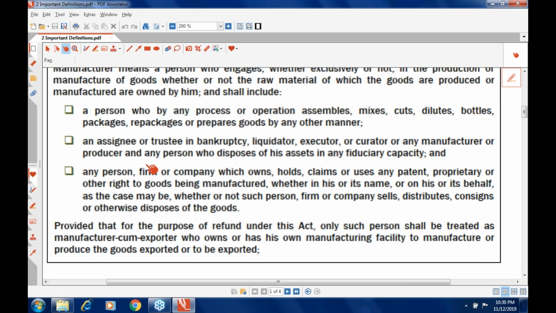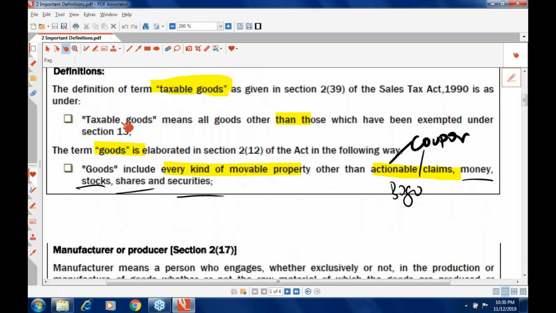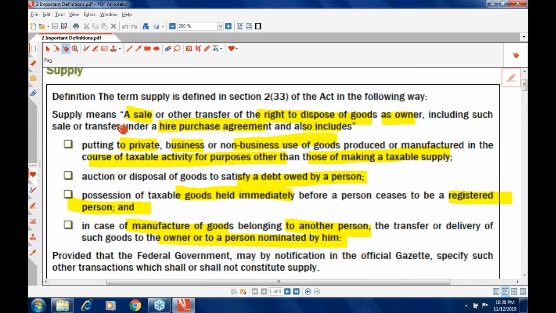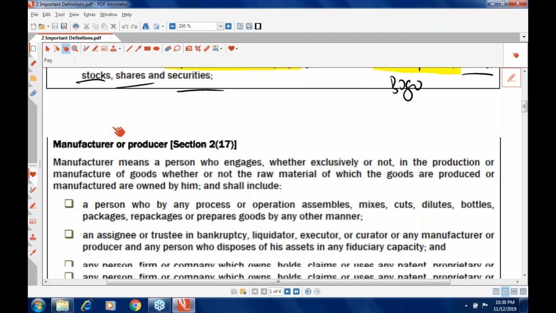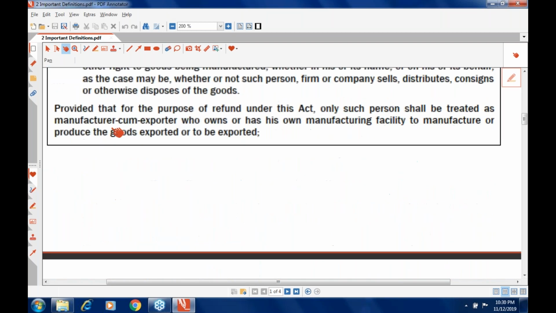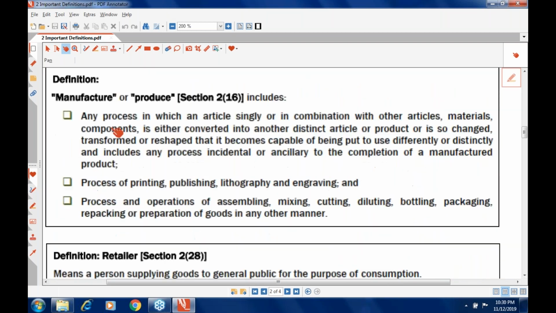Now let's talk about that. What exactly do you mean by manufacturer? We have discussed the definition of supply and taxable goods. We are now going to discuss manufacturer or producer. Before that, let's talk about the definition of manufacture or produce first.